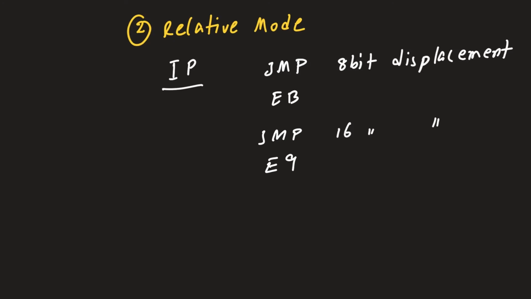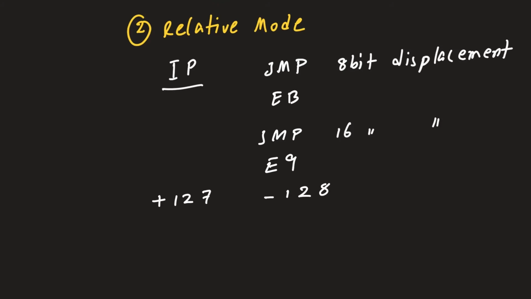Now this displacement can be positive or negative. The first bit will be the sign bit. If the sign bit is 1, then it is a negative displacement. If the sign bit is 0, then it is a positive displacement. So if we have an 8-bit displacement, the displacement will be from plus 127 to minus 128.